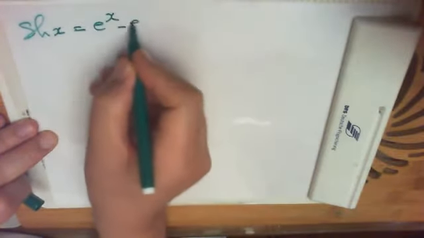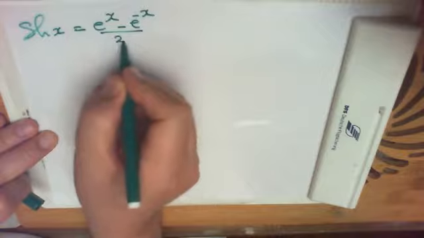We stated previously that the hyperbolic functions are defined in terms of the exponential one, or they are dependent on the exponential one, e to x and e to minus x. If you remember, we defined that sinh x equals e to x minus e to minus x divided by 2.